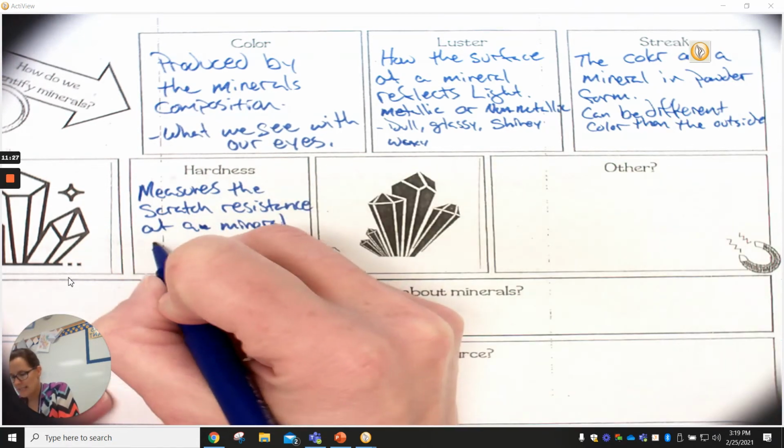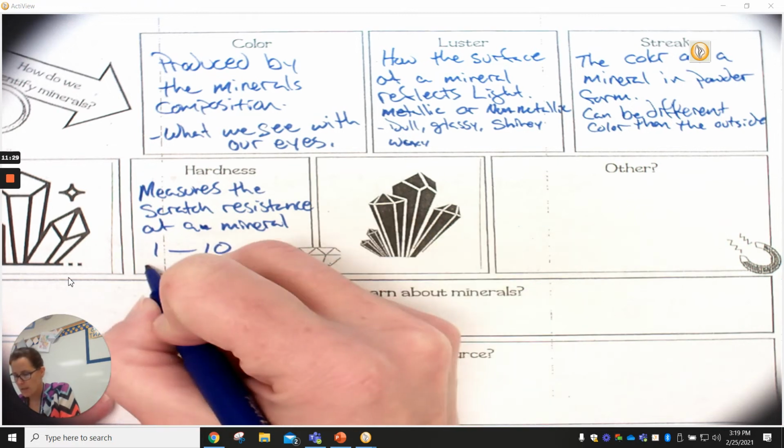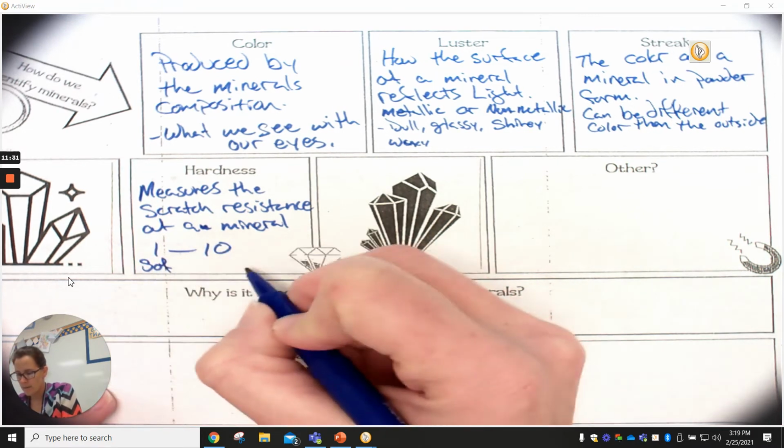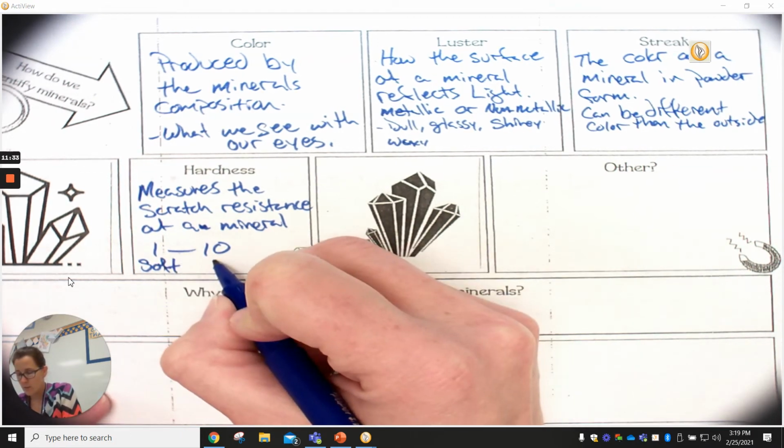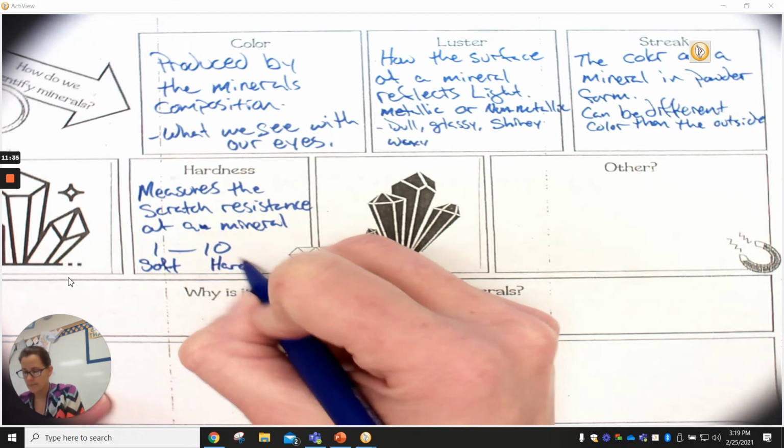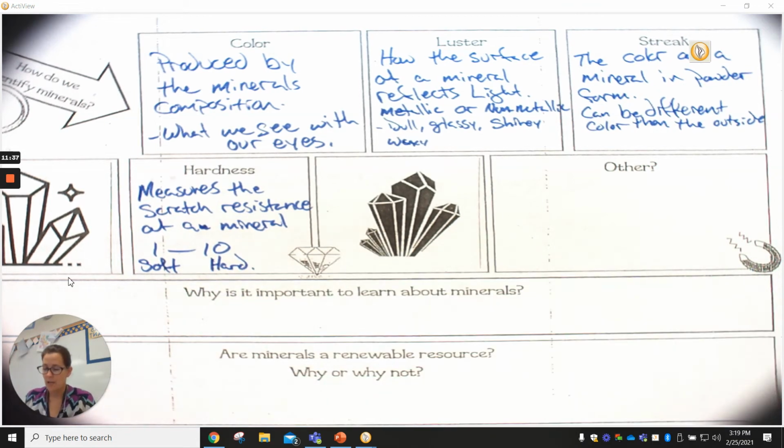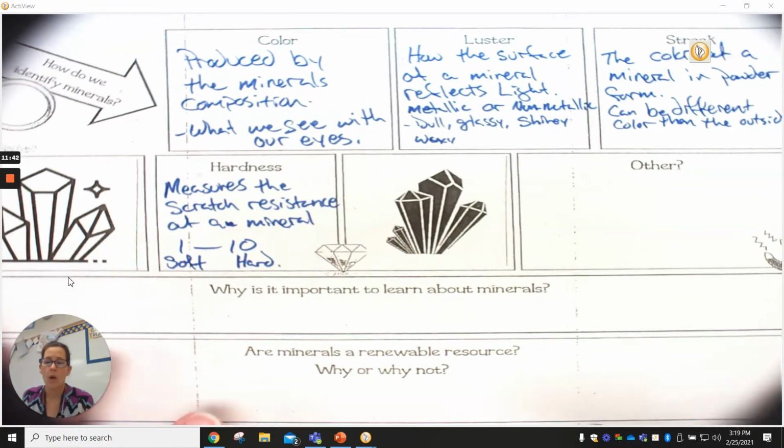It's a 1 to 10 scale, and the 1 is soft, and the 10 is really, really hard. Okay, so the scale that we use to measure against is called Mohs hardness scale, and we'll talk more about that in the days to come.